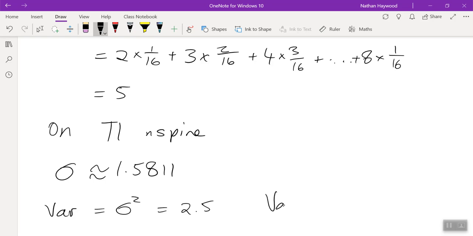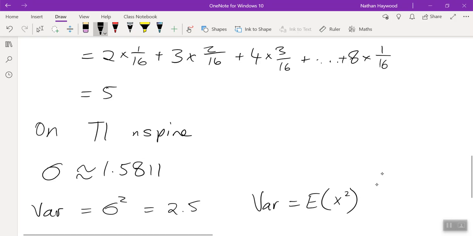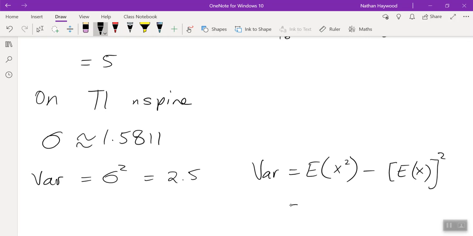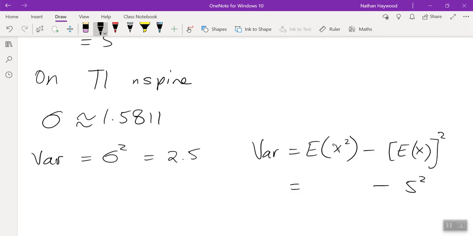The variance formula. If it asks you to use the variance formula, this is what it looks like. The expected value of x squared minus the expected value squared. What was the expected value? 5, so we're doing 5 squared. If you forgot what I said yesterday at the end of the lesson, maybe pay attention now. What do we do if it's E with something happening to x inside the bracket? Do you remember?